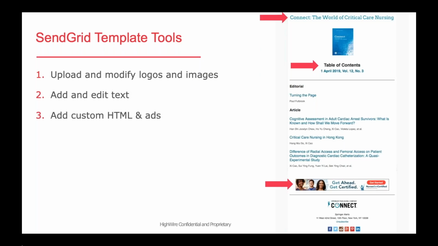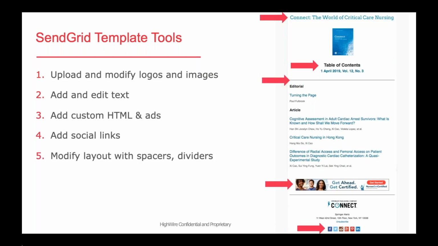Use the code module to add custom HTML and to include advertisements. Add social links to your Twitter or Facebook accounts, for example. Modify layout with spaces and dividers. And for more sophisticated publishers, import your own HTML and CSS to have even more control over your template design.